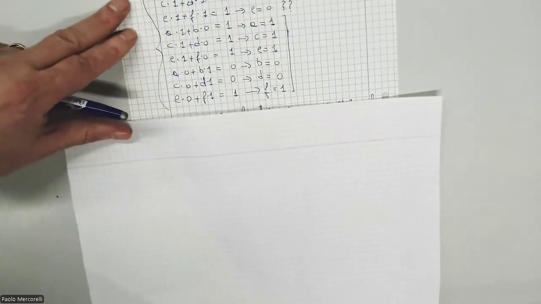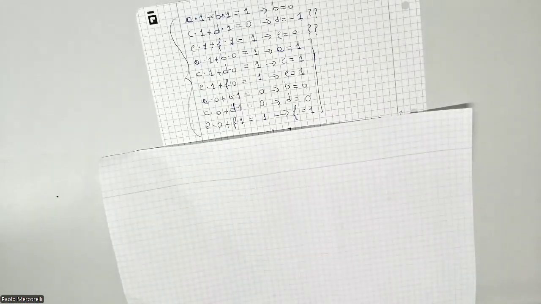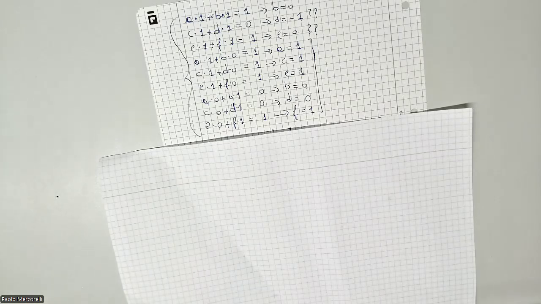A little bit strange, but it is relatively easy. I try to explain. Why at the beginning did I write a·1 + b·1 = 1, as before?